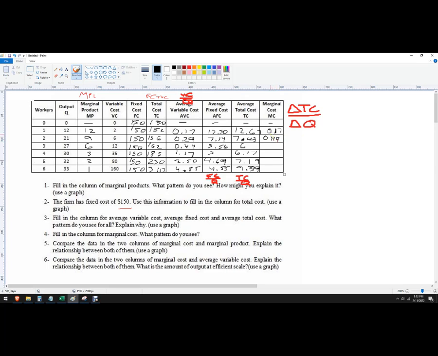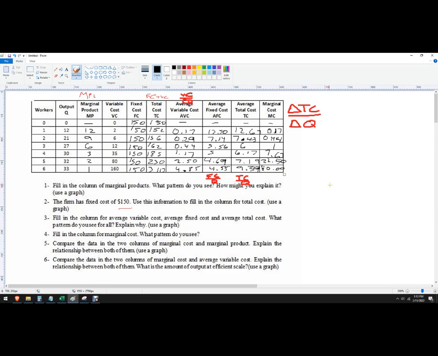Oops, I messed that up with the pen. The next one is $1. Does that work out? Yeah, 6 divided by 6. It worked out sometimes. 7.67, 22.5, 80.